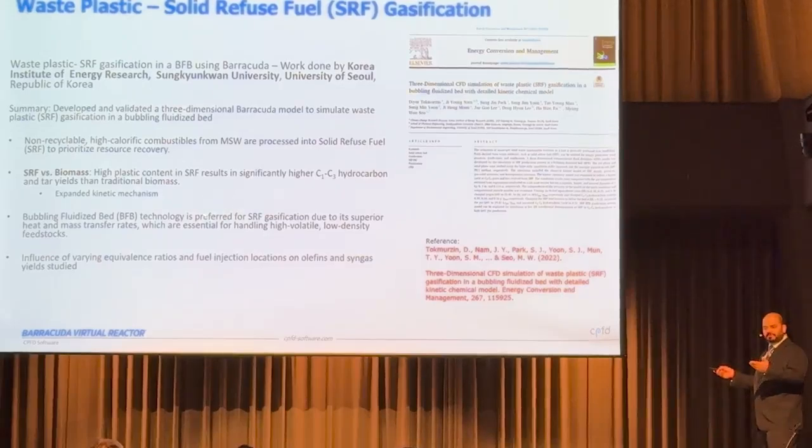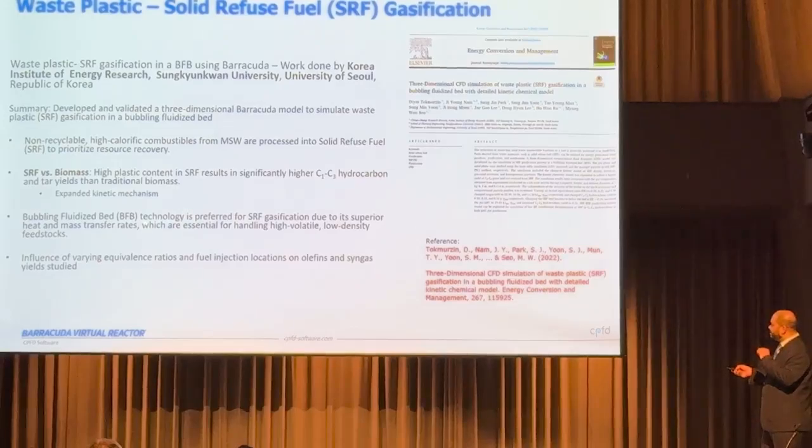You still have drying if there's moisture, devolatilization, char-based reactions, gas reactions, everything. Those are all considered in this work, but because we're looking at plastics refuse fuel, the authors say one must consider these C1 to C3 hydrocarbon reactions as well. I'll show them in a second.